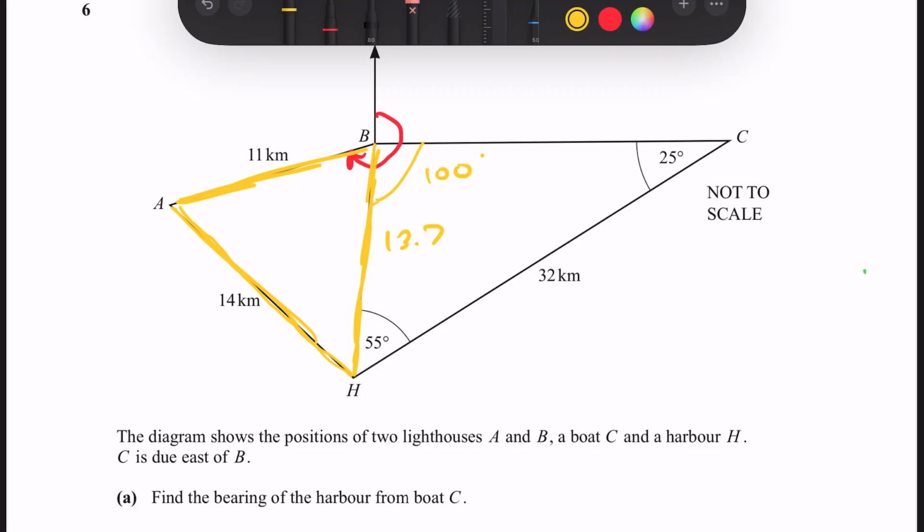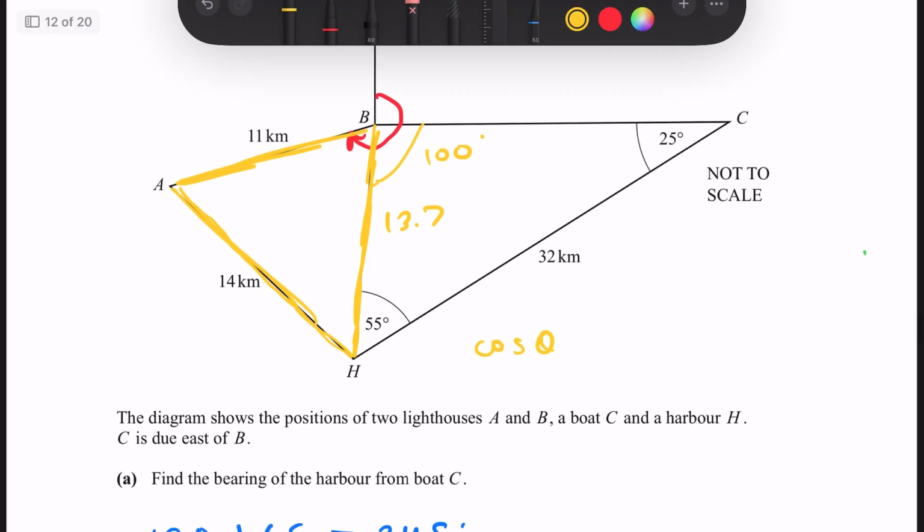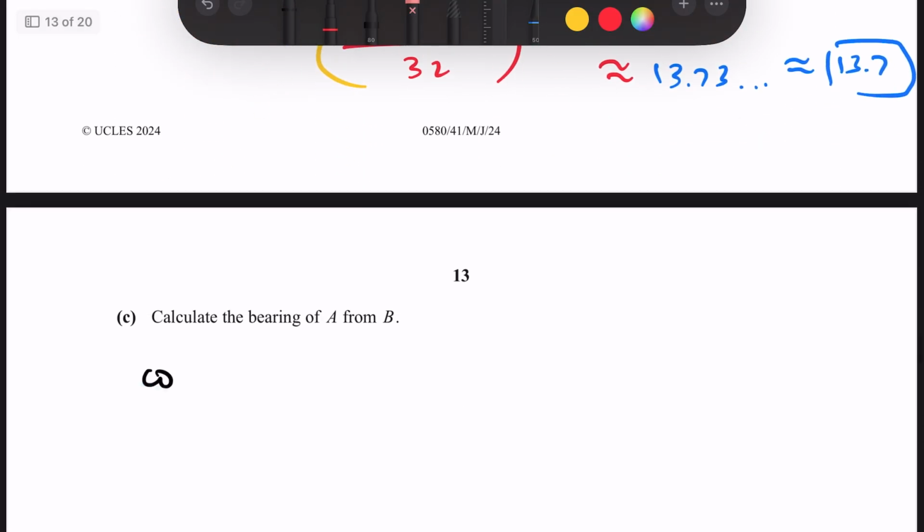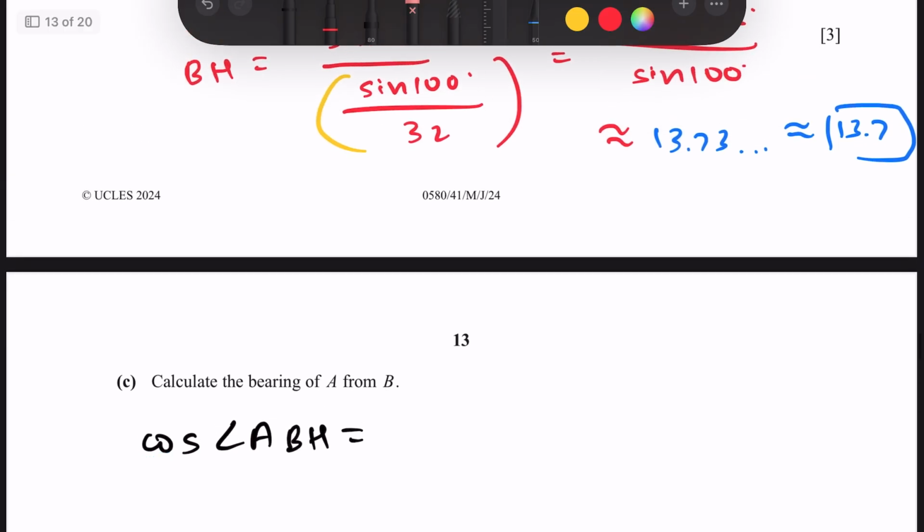Since as a rule, cos theta for any specific angle is equal to a square plus b square minus c square divided by 2ab, where small a, small b, and small c represent the three sides, and c represents the side that's opposite to theta angle. So in this case, if you're finding this angle over here, i.e. angle ABH, the cos of it would be equal to, let me write it here, cos of angle ABH is equal to a square plus b square minus c square divided by 2ab.